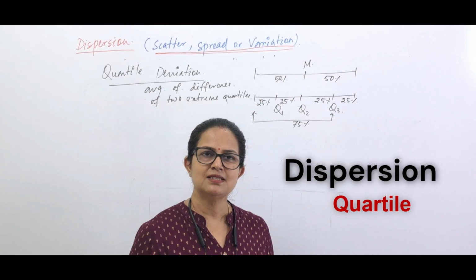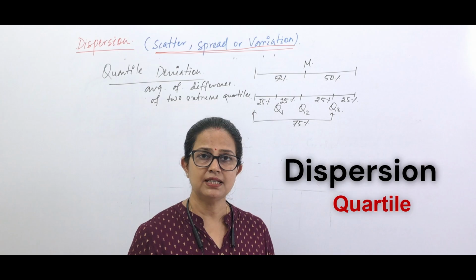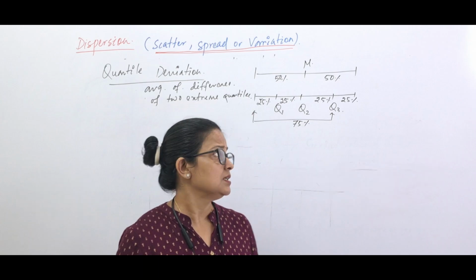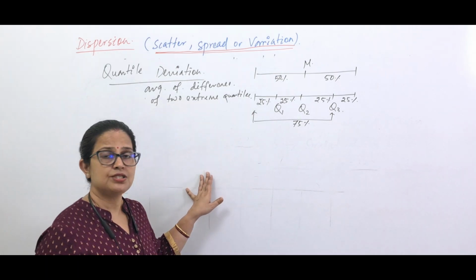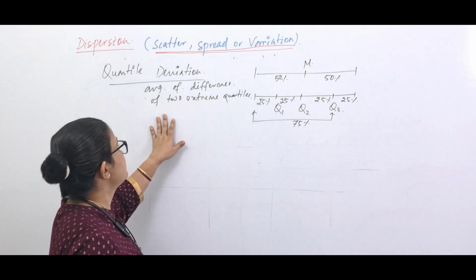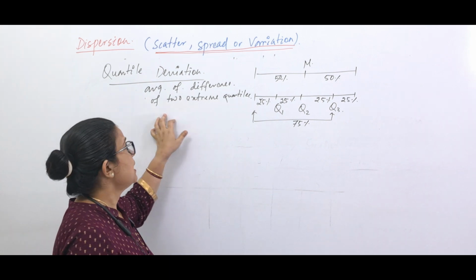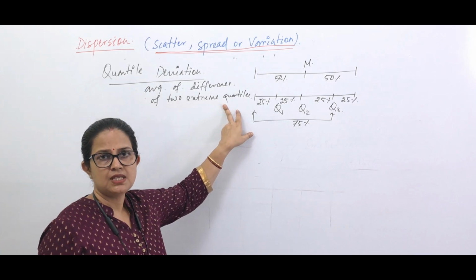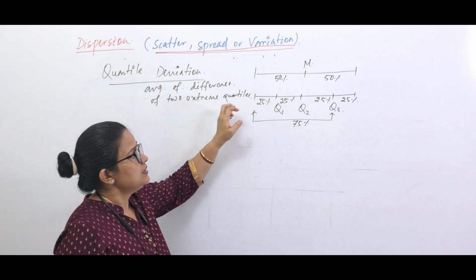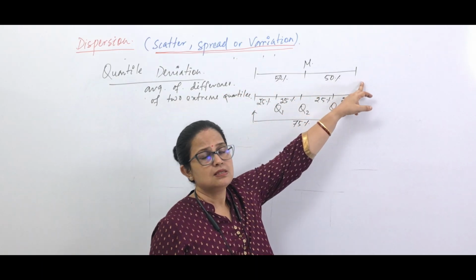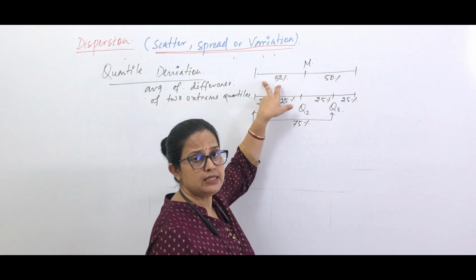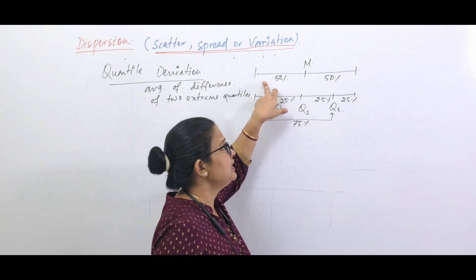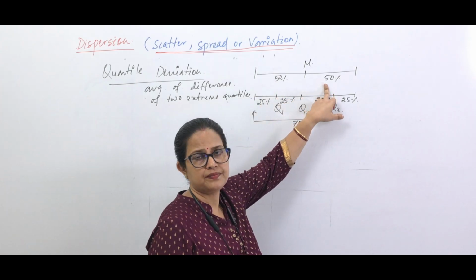Hello everyone. So let us start quartile dispersion. Quartile deviation is the average of the difference of two extreme quartiles. Actually, if you see this series, median, we have already discussed, divides the series into two parts.